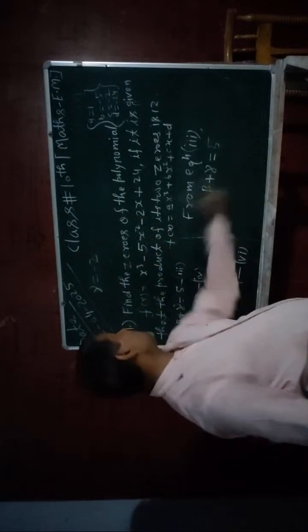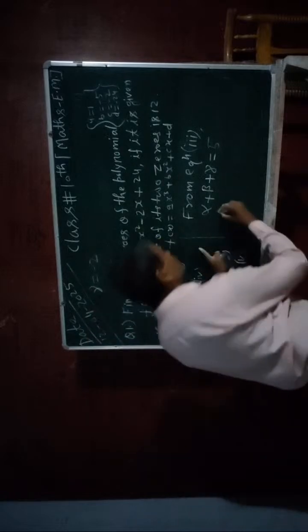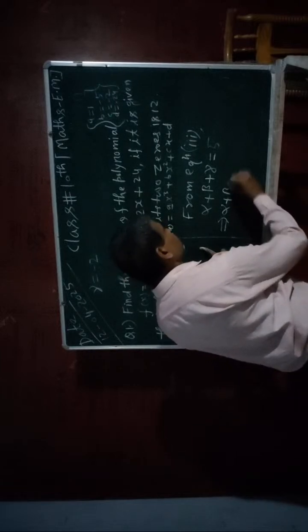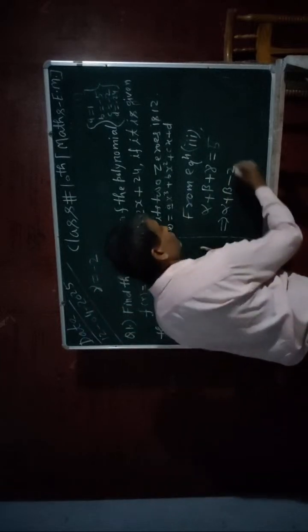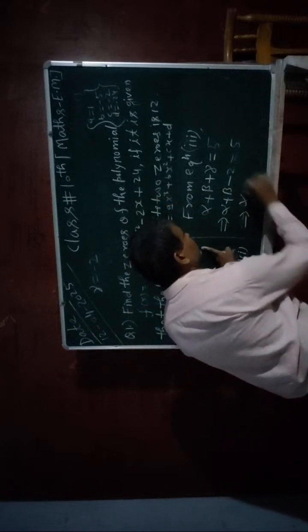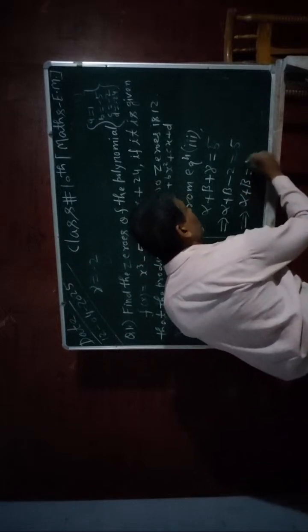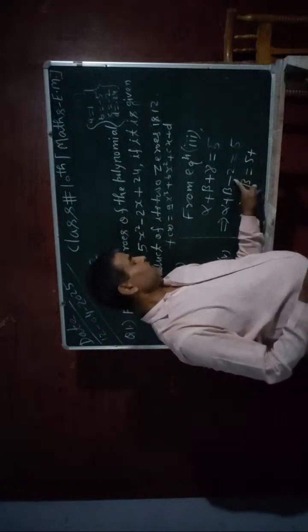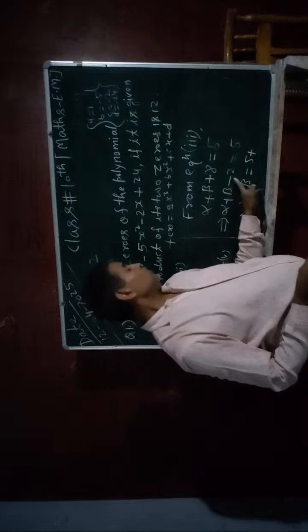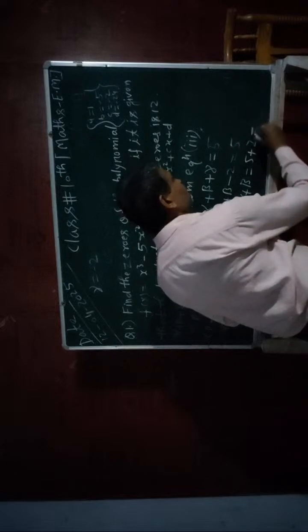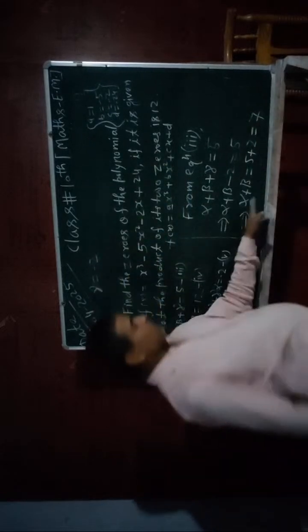Now the value of gamma is given here, so I will put minus 2 in the place of gamma, which implies alpha plus beta minus 2 is equal to 5. It means alpha plus beta is equal to 5 plus 2, since the minus sign will go to the right hand side and change to plus. So it is 7. So alpha plus beta is equal to 7.